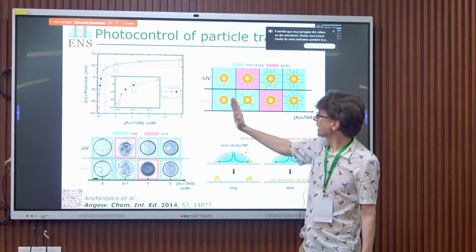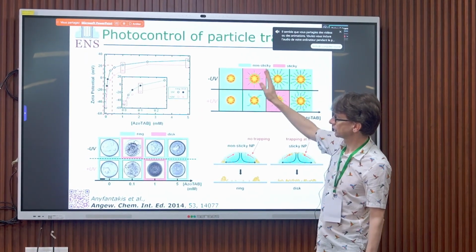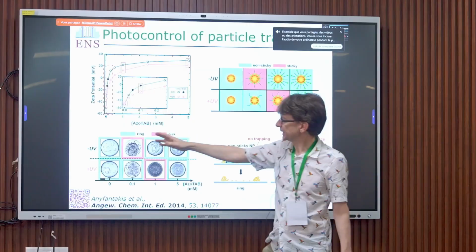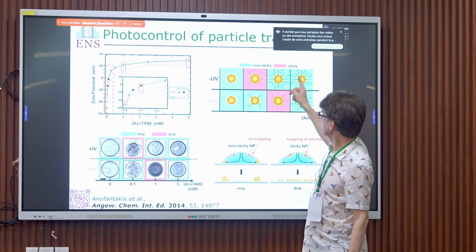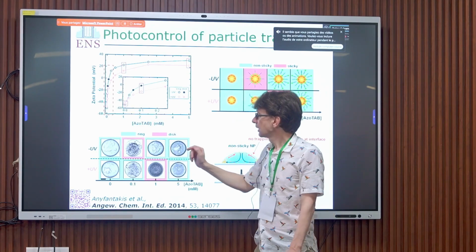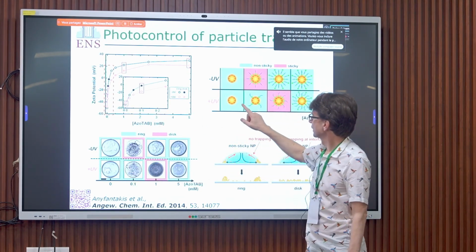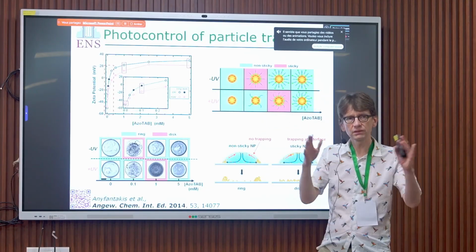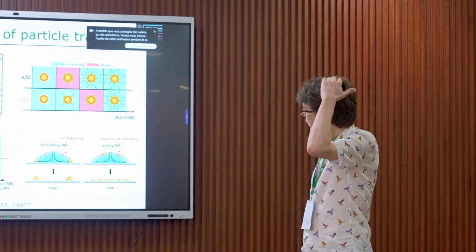So I'll have charged particle, neutralized, and overcharged. And I have a shift, okay? If I look at the pattern, I have a ring, a disk, and a ring, like here. And here, if I apply UV, I have a ring, a disk and a ring. So I really respect this general behavior of assembly.